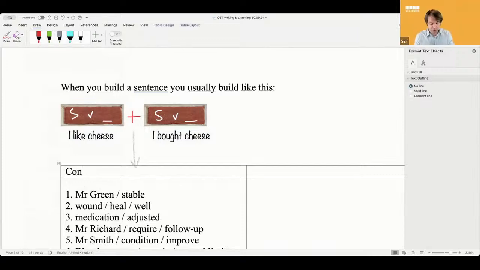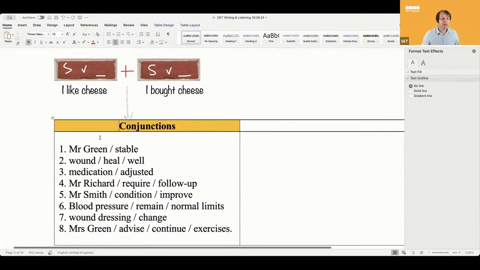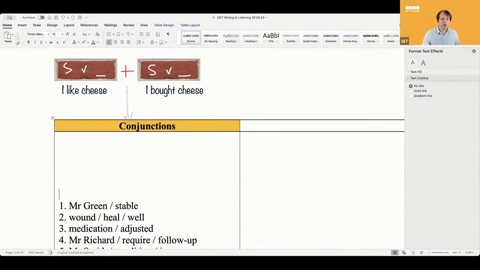Does everyone agree? Conjunctions are how, well, it's actually one way. It's not the only way, okay? But let's say it's the most important way to join sentences together, okay? So, for example, guys, can anyone give me some examples of conjunctions?